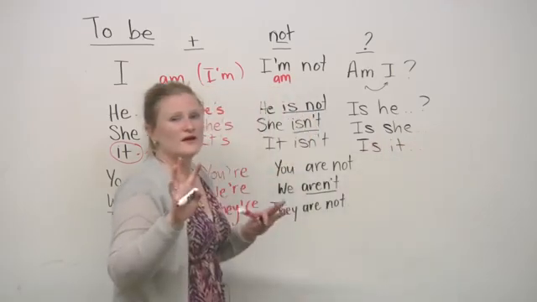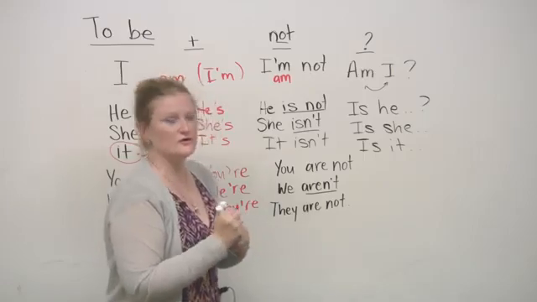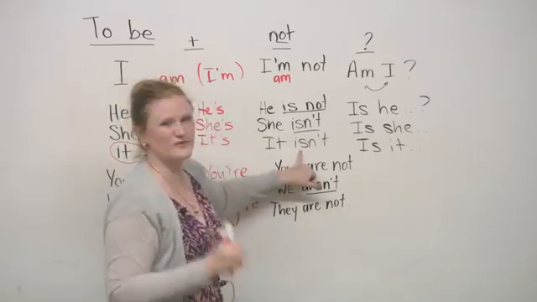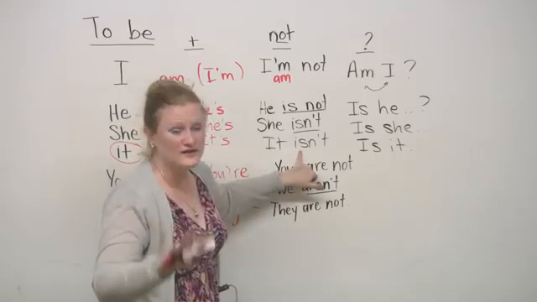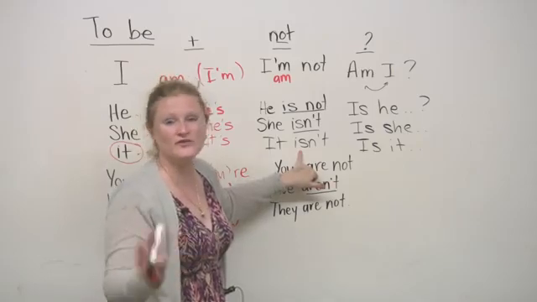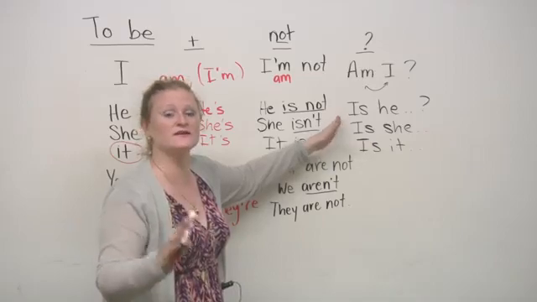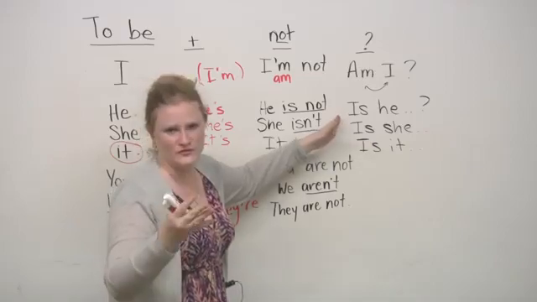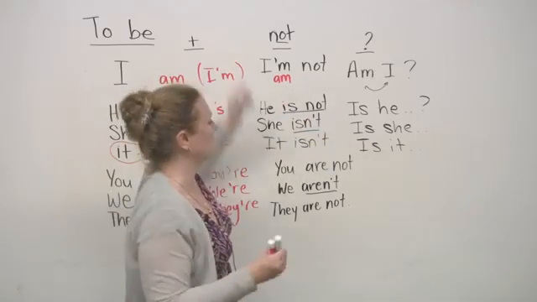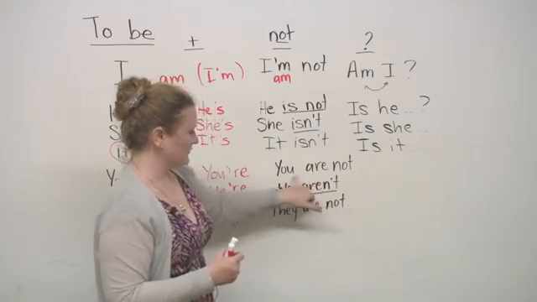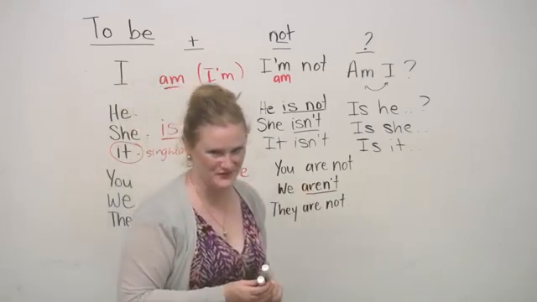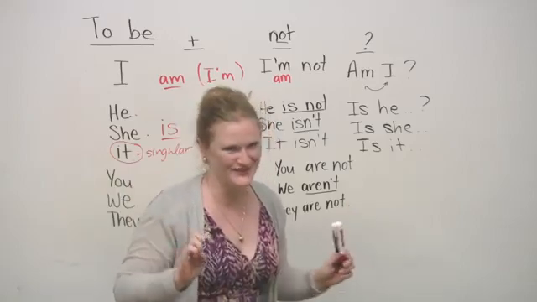It's very unusual if we would start a question with, isn't it. We do say that sometimes, but it's not usual. What I want you to concentrate on is just the regular questions in the affirmative or in the positive. You are. Do you know the answer to that one or the question to that one?